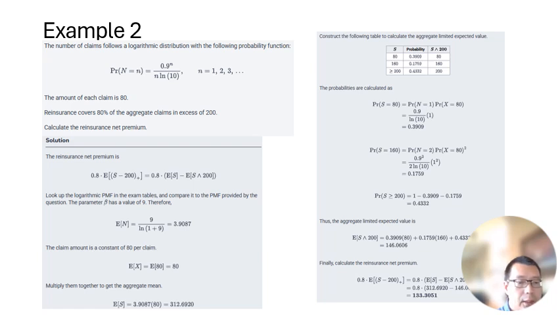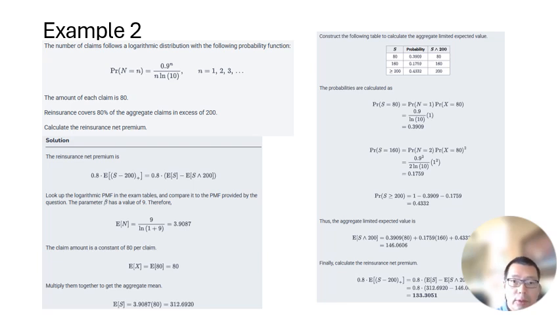Then the claim amount is a constant of 80 per claim, so the expected value of X is 80. So the expected value of aggregate loss will be 3.9087 times 80, which is equal to 312.6960.